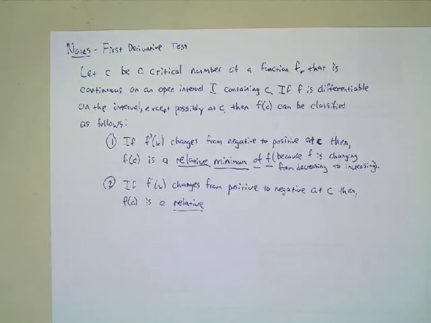So now the derivative is changing from positive, and if the derivative is positive on an interval, that means the function is increasing. And if the derivative is negative, the function is decreasing. So our function is changing from increasing to decreasing, left to right. So that means we have a relative max.